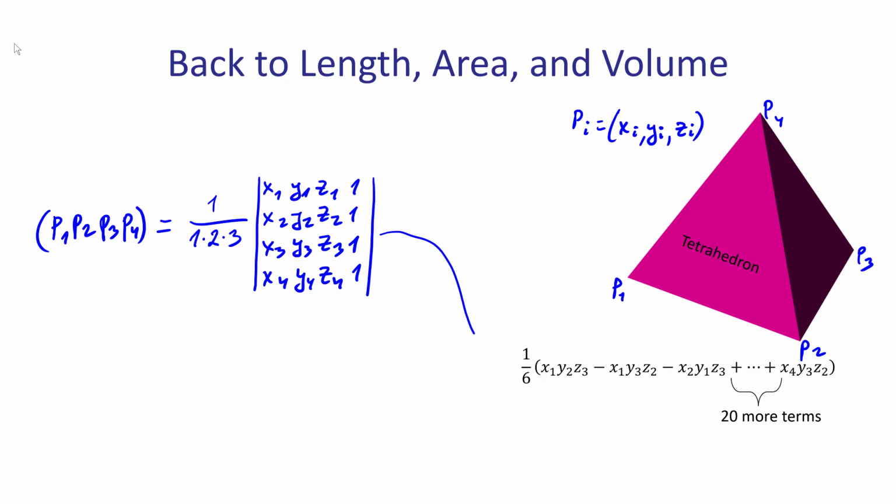This is exactly what this formula is. This is the volume of that kind of tetrahedron with general 4 points defined in any three-dimensional space, points from P1 to P4.